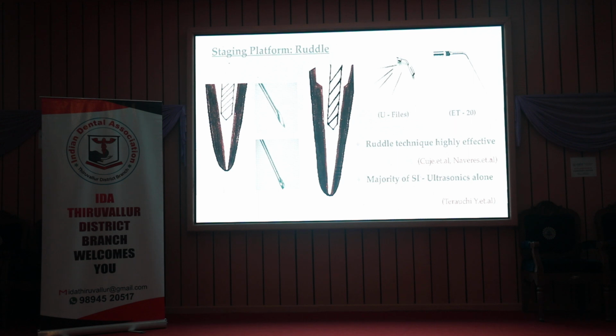So if this is the broken instrument and it is just flush with the dentine like that, I take this Gates Glidden tip and just run around the broken instrument so that about 2 mm of the instrument is exposed, and then I will use the ultrasonic tip to vibrate and take it out. That is called the staging platform.